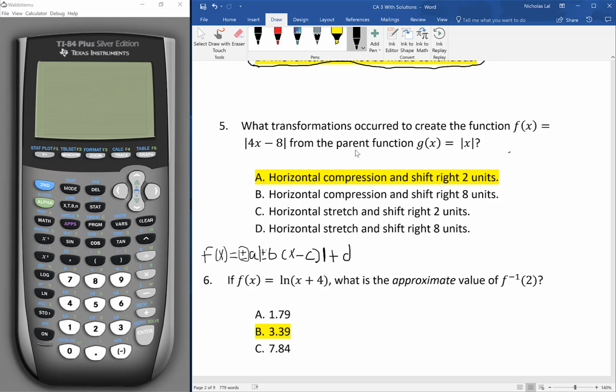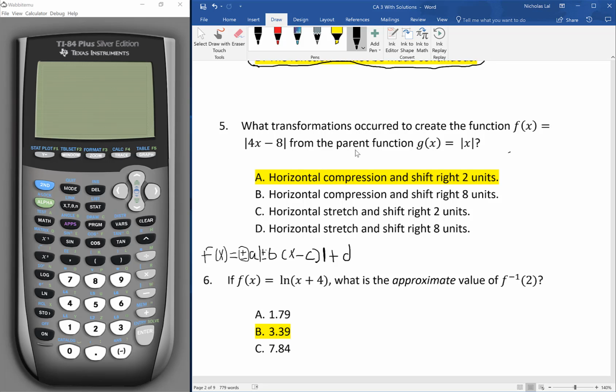B will be a horizontal compression if B is greater than 1, and a horizontal stretch if B is less than 1. If B is positive, you don't have a flip, but if B is negative, you have a y-axis reflection. You shift C units for the horizontal shift, and the vertical shift is D units.